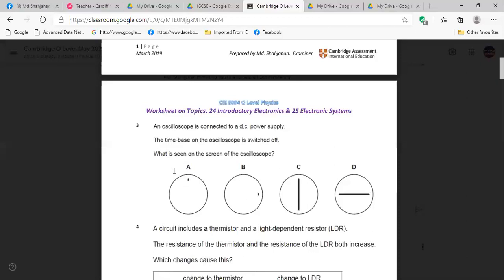And here A, we are having DC voltage. Voltage is on, but time base is off. Now I think if you are getting any sort of question like this, you can answer, right?